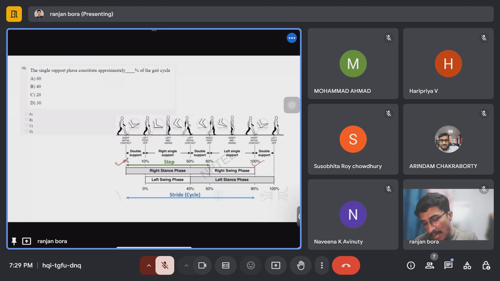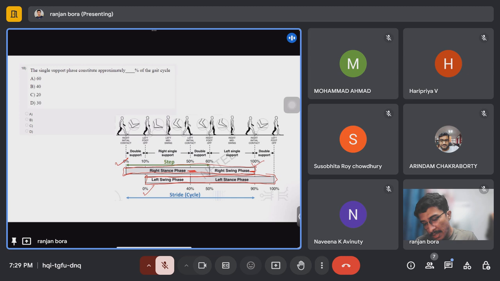If we consider our right foot, then this upper bar is the gait cycle for the right foot, and the lower bar is the gait cycle for the left foot. For the left foot, it is starting at this point, 0%. So it is talking about only one foot. For the right foot, it has this right stance phase here and right swing phase here.